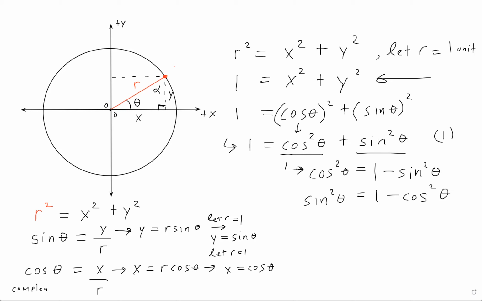Okay, we can go a step further. That gives us our 3 identities so far. Let's rewrite the equation again, and we're going to divide everything by cosine squared theta, and then we'll divide everything by sine squared theta.